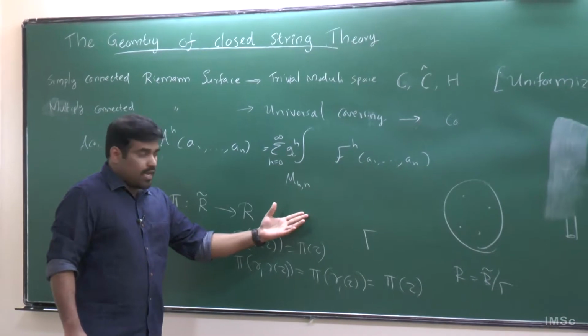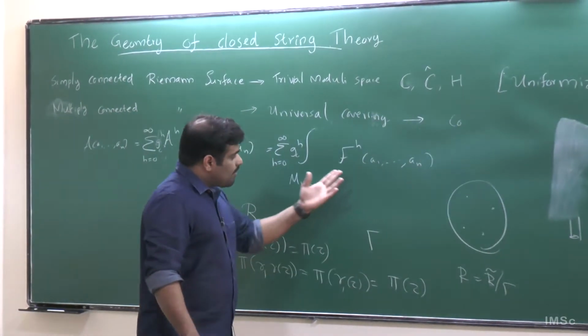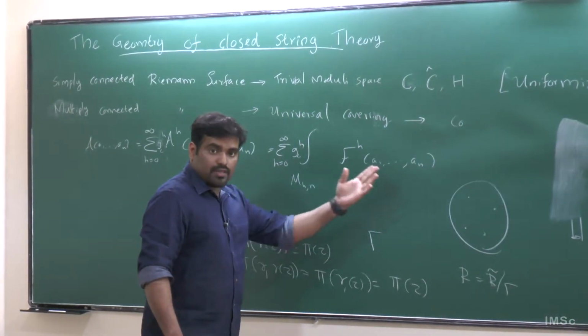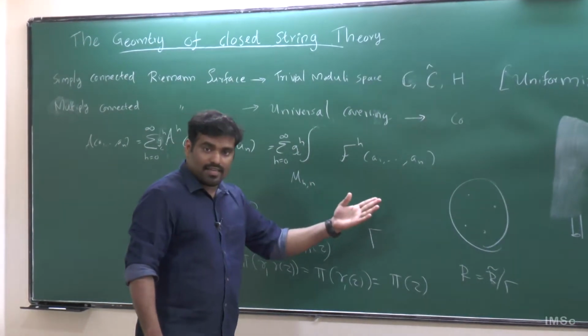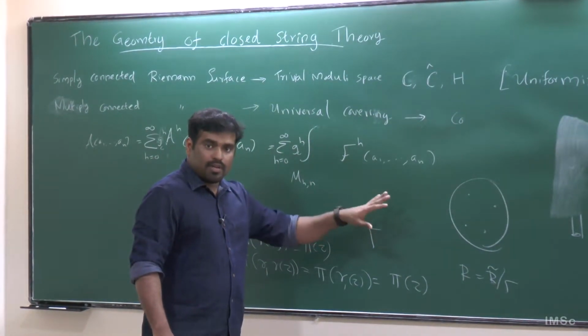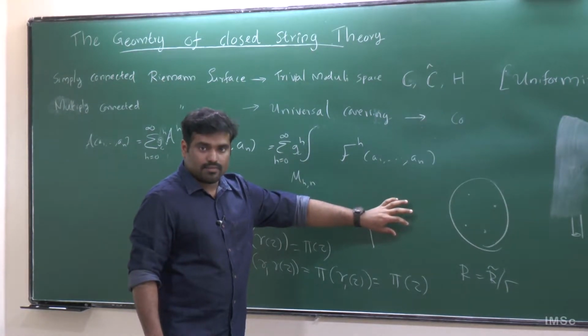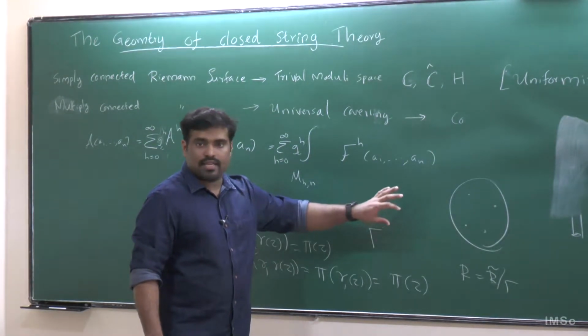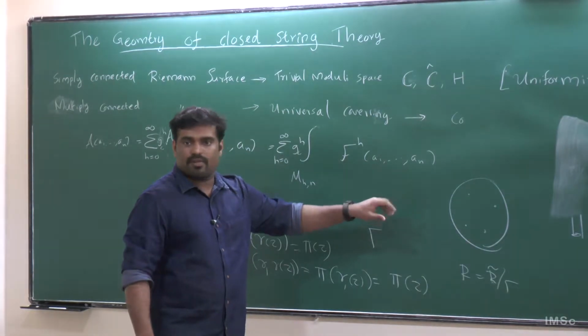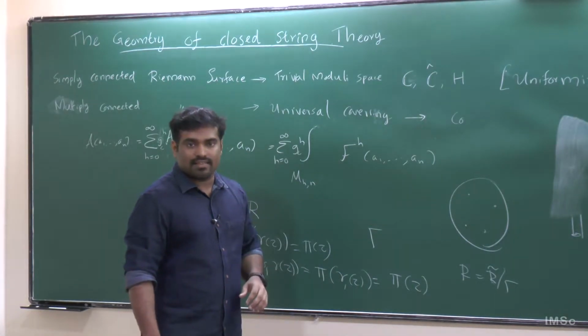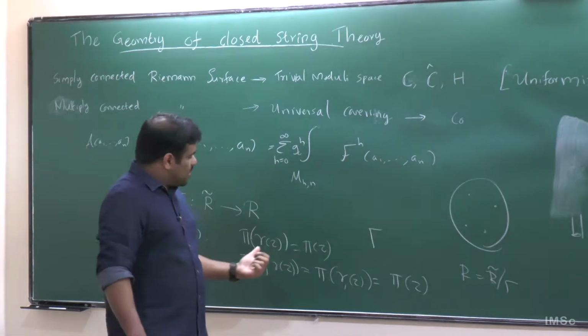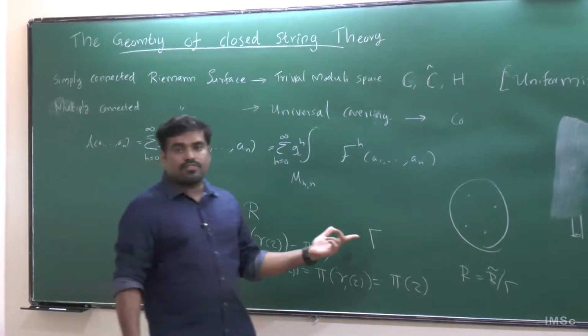In the image on the Riemann surface, you are going through a non-trivial cycle, right? On a Riemann surface, you have a finite number of independent cycles, and any cycle can be obtained from some number of independent cycles. So that itself says that gamma must have a finite number of generators.